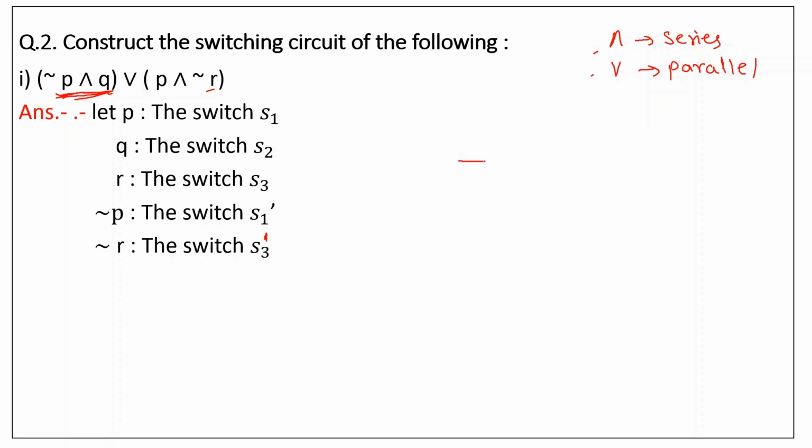So first, 2 switches are in series. Negation P means S1 dash and Q represents S2. Okay. Now they are parallel with these 2 switches. Again 2 switches are there. First is P, meaning S1.